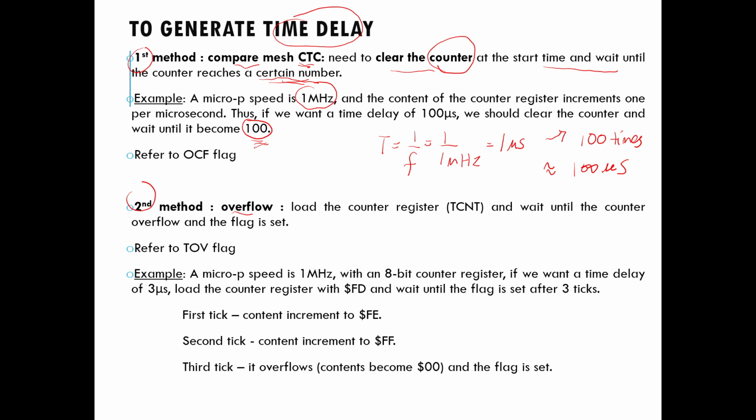And the second method is overflow, where you load the counter registers and wait until the counter overflows and the flag is set. Set means 1, and overflow means you refer to the overflow flag.